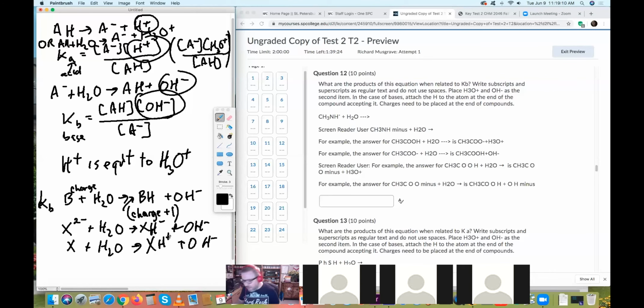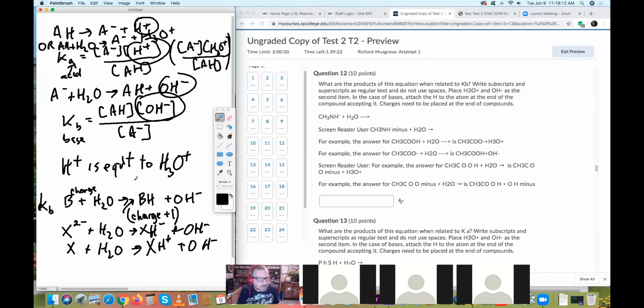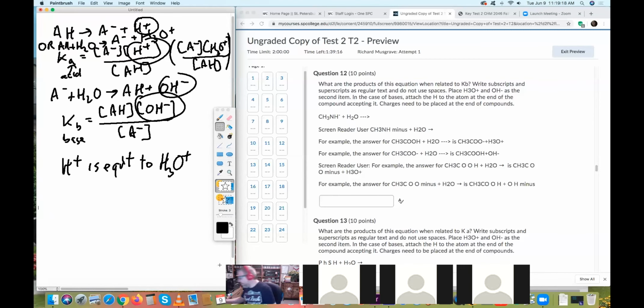Gee, I wonder what the other one's going to look like. Oh, let's look at the Ka. Let's see if I can come up with something for that. So B plus H2O gives something plus H3O plus. We'll say B with a charge, and I'll do the same thing.